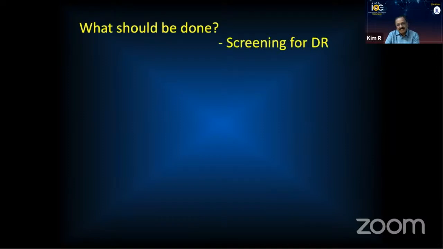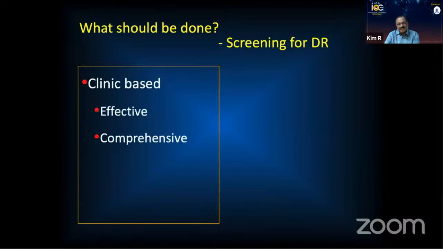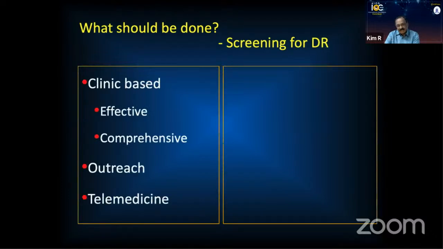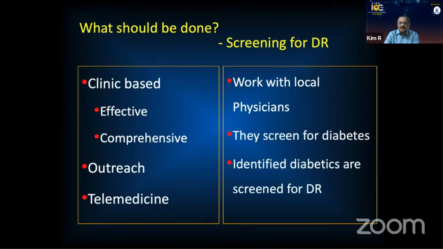So what should be done? Obviously, screening for diabetic retinopathy is the important thing that all of us have to do, especially in a country like India, where we have very little access to care for diabetic retinopathy for these patients. So we need to screen these patients. Clinic-based is of course very effective.